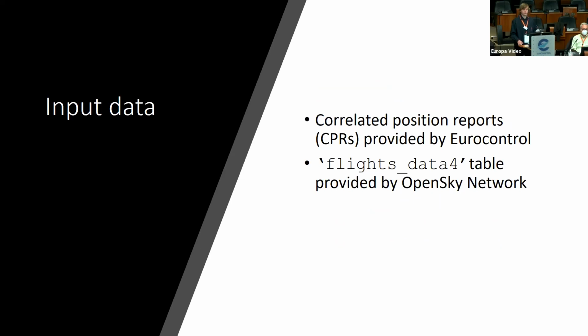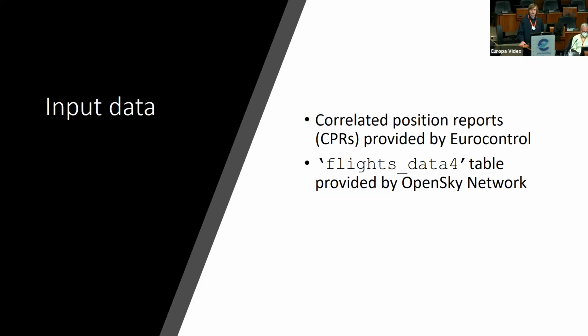The input data, as a first iteration, is correlated position reports from the Eurocontrol side, and from the OpenSky side we are using the flights data 4 table, which I think is familiar to many of you.